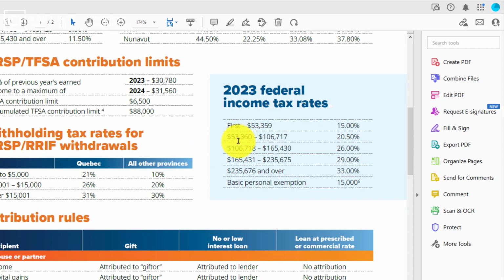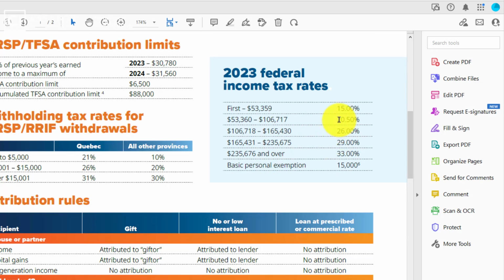And for every dollar of earned income above that, between $53,360 and $106,717, my rate at the next margin is 20.5%. So when you're talking about marginal rates, it's a rate of tax for every dollar you earn into that next bracket. So it's not on the whole income, it's just on that bracket.